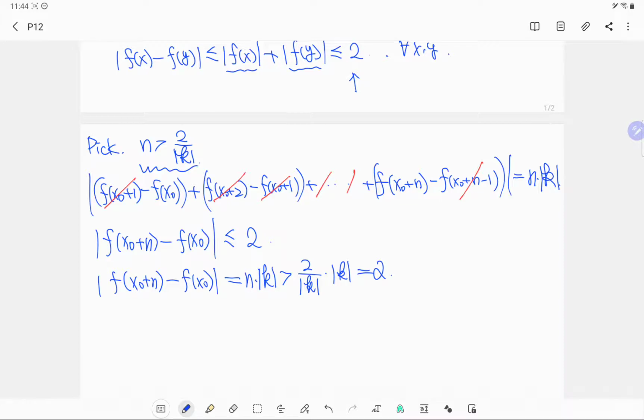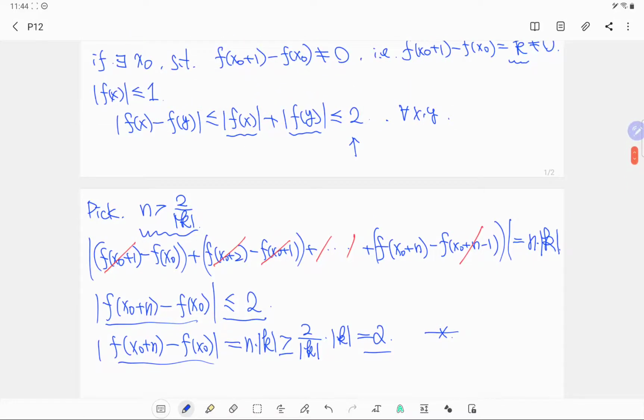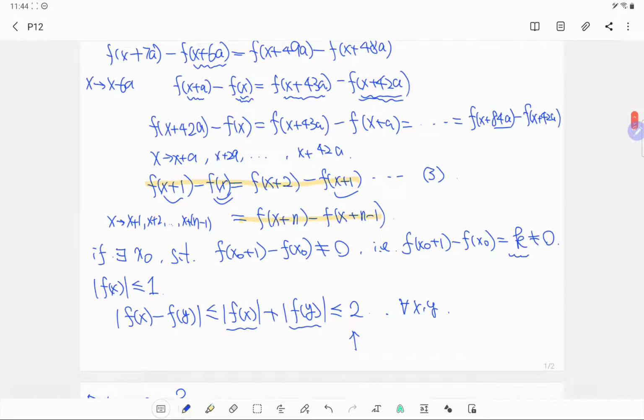In this case, this expression is smaller or equal to 2, and also it is strictly larger than 2. So this is a conflict, which means that there doesn't exist any value of x0 such that this expression is not equal to 0.